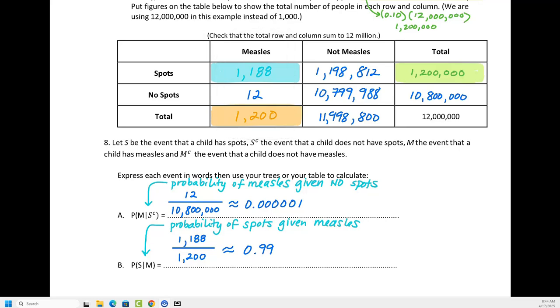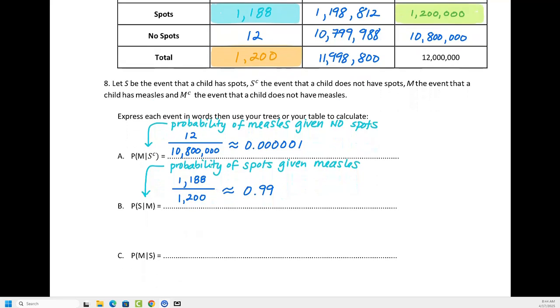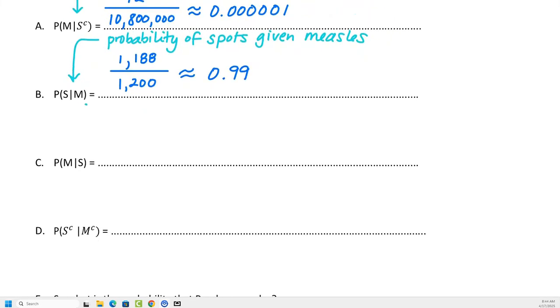I'll go ahead and I'll delete my highlighting there. Here's a good question. Let's just focus here on writing it first in words. So probability of M given S. Oh, they flipped the M and the S from the last one, haven't they? So what are we finding the probability of this time?